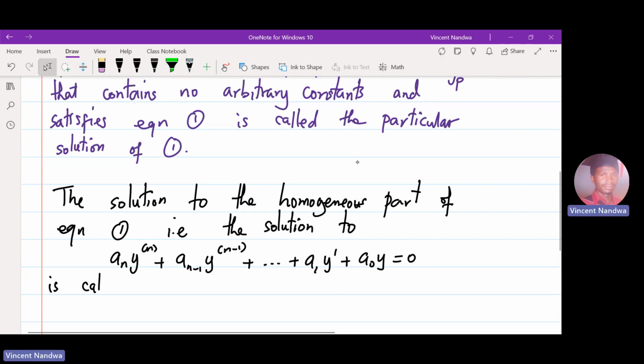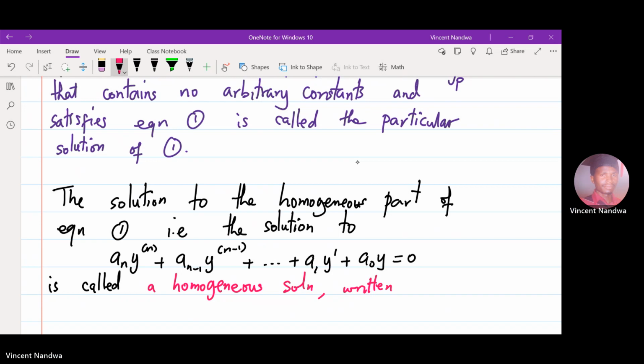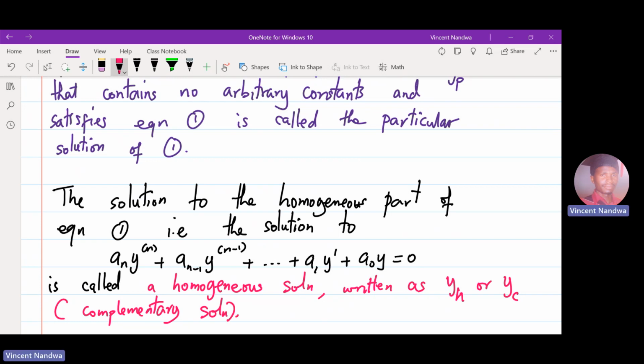It's called a homogeneous solution, written as y_H, or sometimes we write it y_C to mean complementary solution.